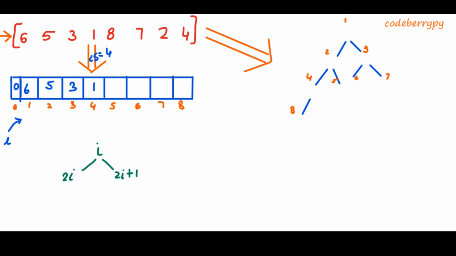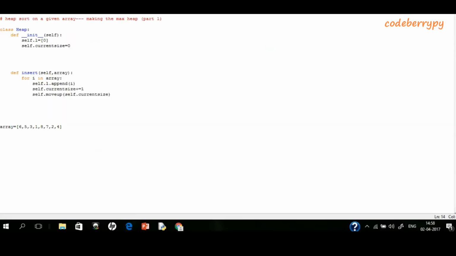So this current size value refers to the last position inside this max heap array. So when current size is equal to 4, the last position means that it is at index 4 of this max heap array, and we're going to pass this index 4 as a parameter to the move up function. So now we're going to define a move up function which will be responsible for swapping the last index value of this heap array with its root.